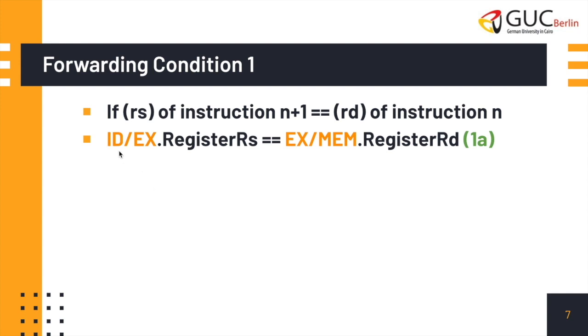I am checking if ID/EX.RegisterRs is equal to EX/MEM.RegisterRd. The ID/EX and the EX/MEM are the pipeline registers. How can I compare the values? The values are stored in the pipeline registers. The number of register RS and the number of register RD are stored in the pipeline registers.